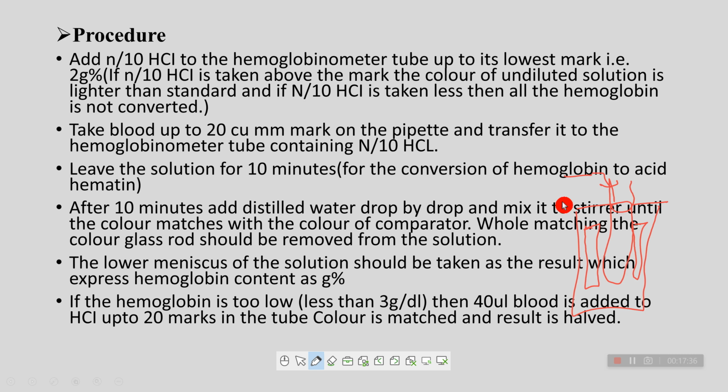Now we have to add distilled water drop by drop to this tube so as to match the color of the solution with the brown glass comparator present on both sides of this comparator box. For mixing, each time we add distilled water, we have to stir the solution with the help of the glass stirrer present in the Sahli's hemoglobinometer kit.